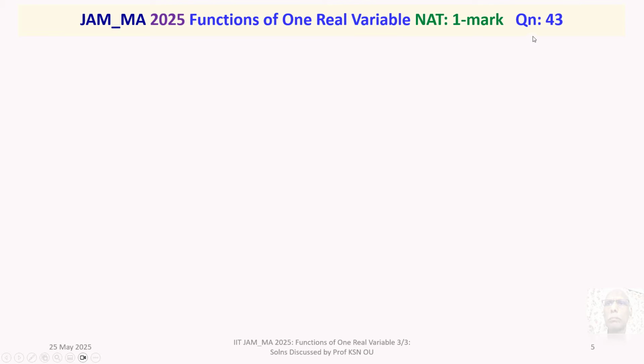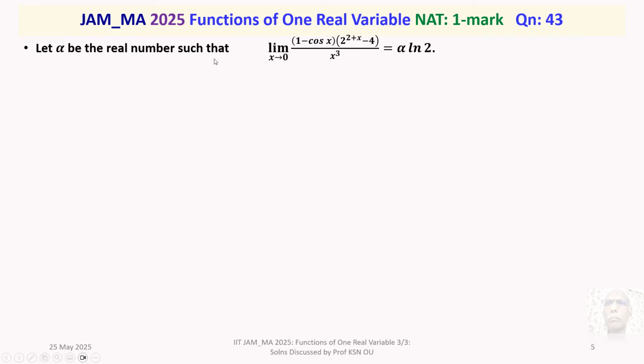This is question number 43 for 1 mark, which is a numerical answer type question. The given question is: let alpha be the real number such that limit x tends to 0 of (1 minus cos x) multiplied by (2 power 2 plus x minus 4), whole by x cube, is equal to alpha ln 2.